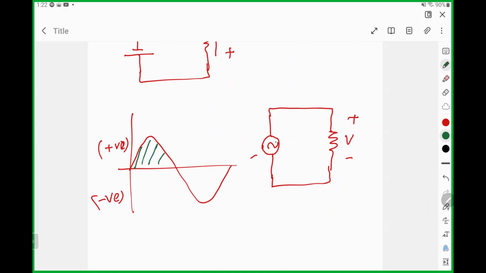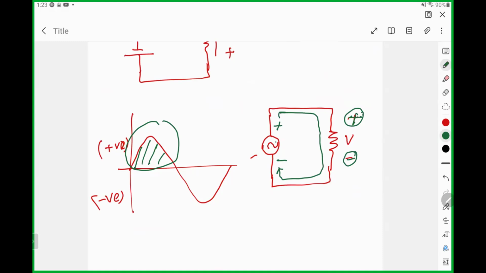Sometimes it becomes positive, sometimes it becomes negative. So whenever this part is positive, the polarity is positive here and negative here, right? So compared with the battery, we'll have the current flow in this direction, right? So I will have the positive polarity here and negative here. That's all right. You are correct.